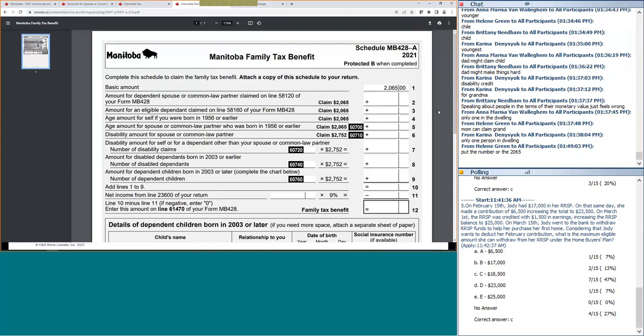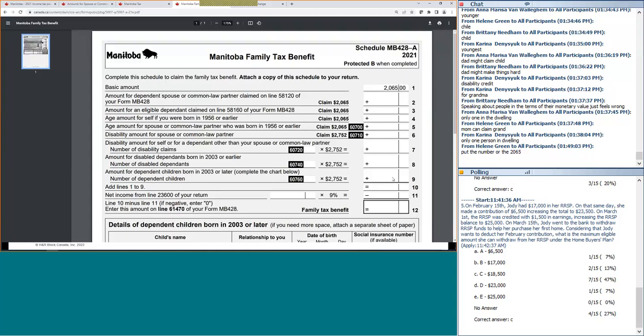If you have an eligible dependent, add 2065. So add the amount that they tell you to add. If you have no eligible dependent, but you have children born in 2003 or later, how many do you have? Times 2752. One child, that's what you put.